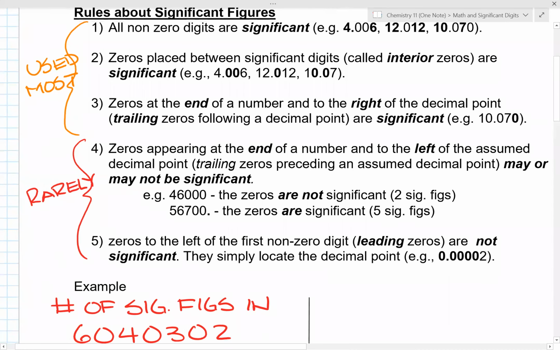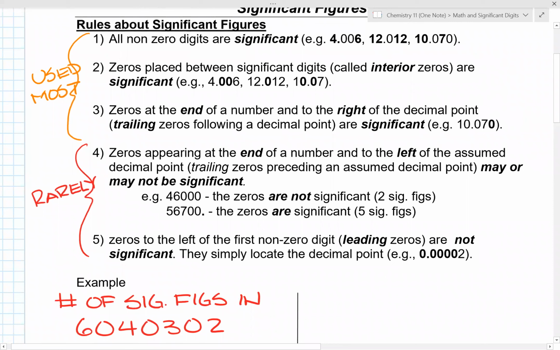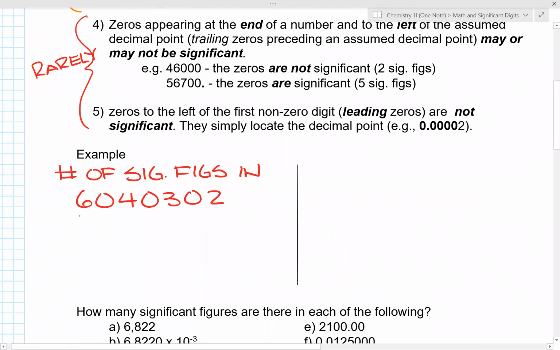Rule number 1 says all non-zero digits are significant. So the numbers 1, 2, 3, 4, 5, 6, 7, 8, 9 are considered important. In this case, 6 is important, 4 is important, 3 is important, and 2 is important. These fall under rule 1.